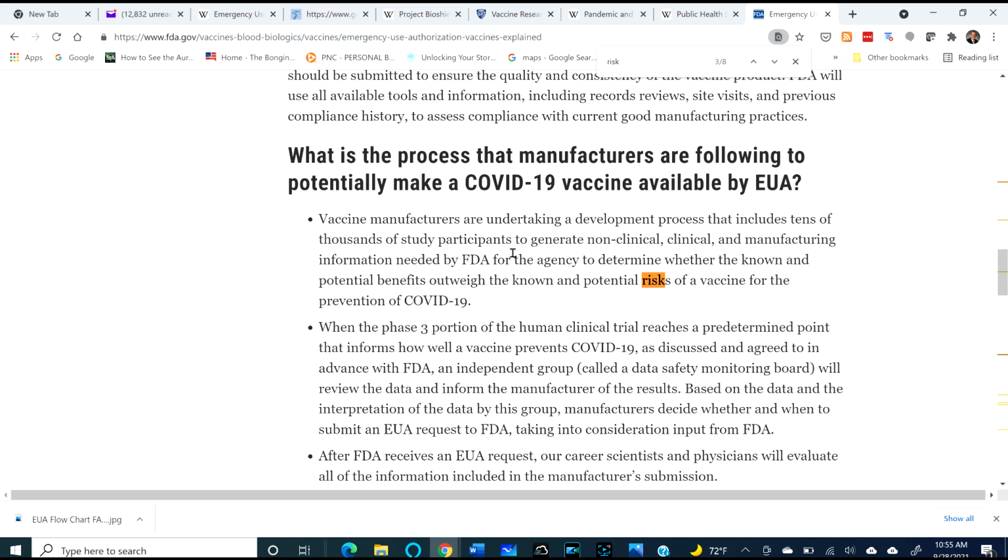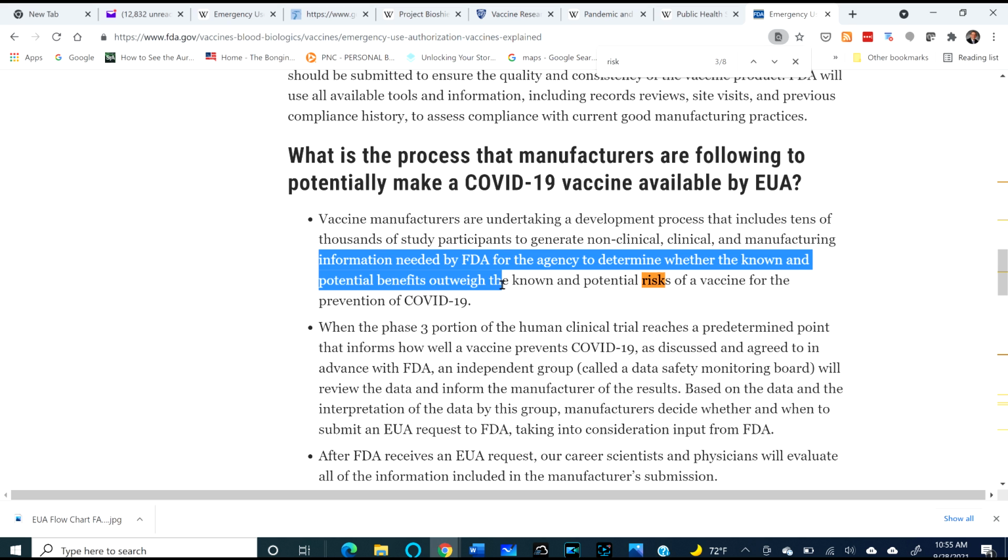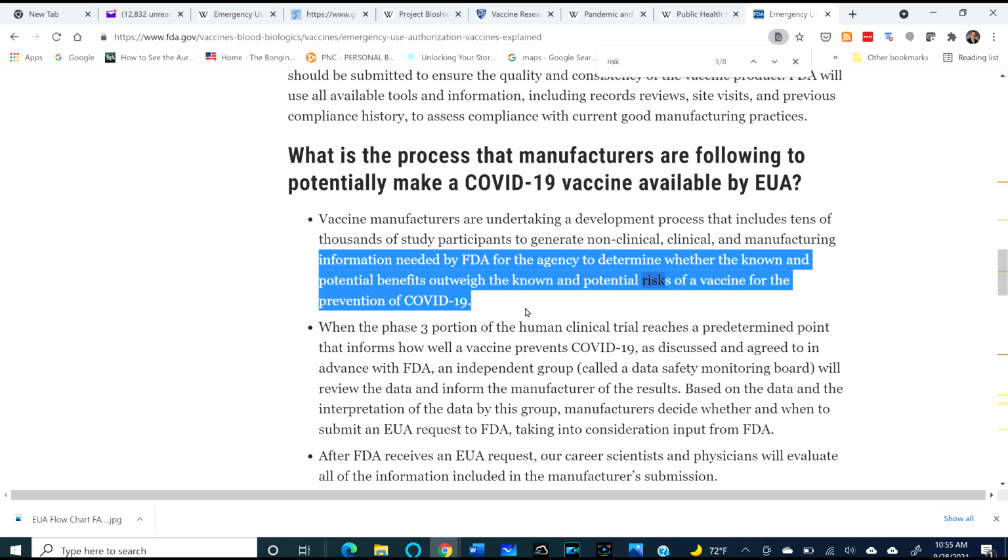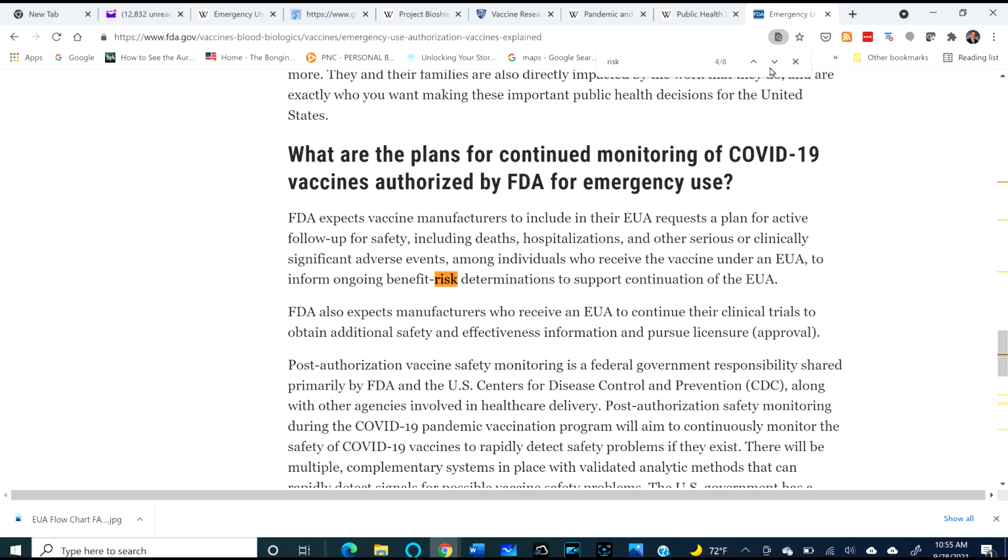What is the process that manufacturers are following? They provide documentation, manufacturing, clinical testing, all that data. So there's a documentation review, information needed by the FDA for the agency to determine whether the known and potential benefits outweigh the known and potential risk of the vaccine. Benefit versus risk. Benefit versus risk. What are the plans for continued monitoring of the vaccine?